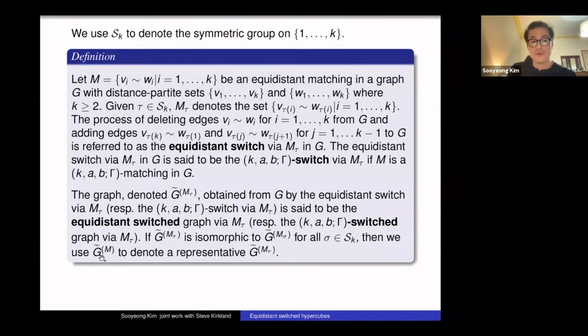Then we use this notation just without the subscript, and we use it from now on if we have such a thing. So a basic observation is, for example, if we have 2 edges in an equidistant matching, then we only have one option.